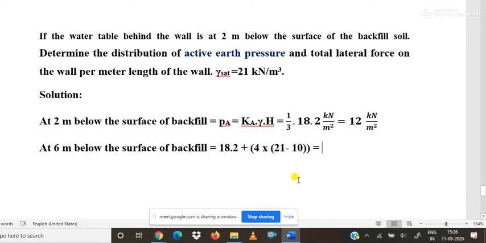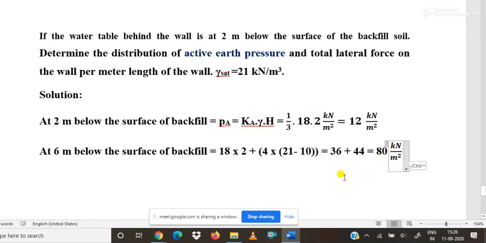Now this is equal to, multiplied by 2, 36 plus 44, I think, equals to, I think, 80 kilonewton per meter square.